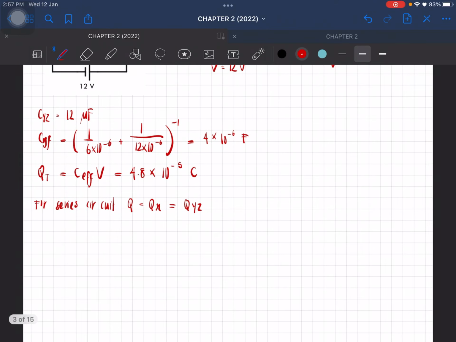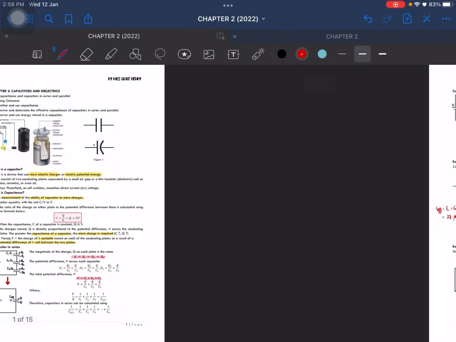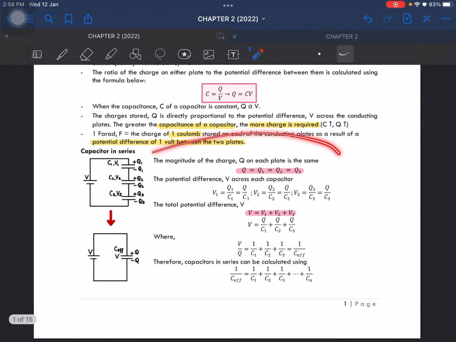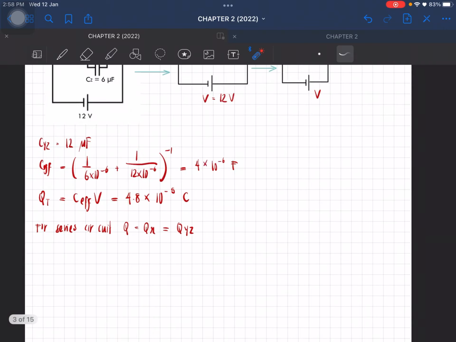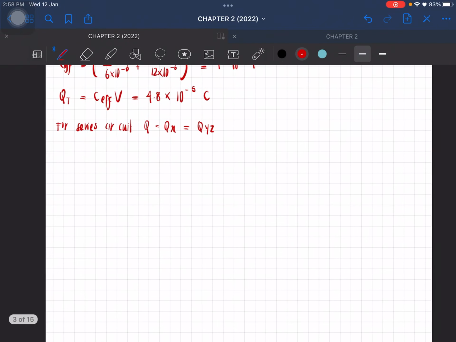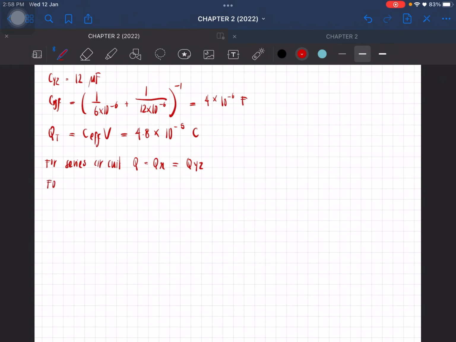So for a series circuit, the magnitude of charge is the same. Remember, it is from this node here. So we already have it for capacitor X. QX is equal to Q total, which is 4.8 times 10 to the power of negative 5 coulomb. So we have the charge for capacitor X.